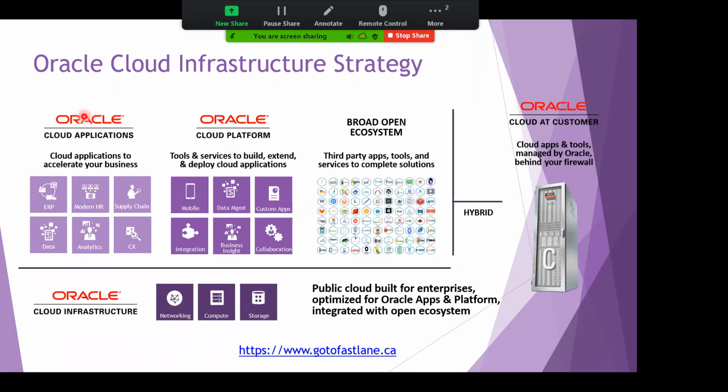And then there is your SaaS layer, which is built on top of that, which takes care of your enterprise applications, like your financial management applications, human resources management applications, supply chain functions, and CX functions. And then the whole OCI can also sustain the workload of what is very popularly called the broad open ecosystem, which is third-party tools that are used as add-ons.